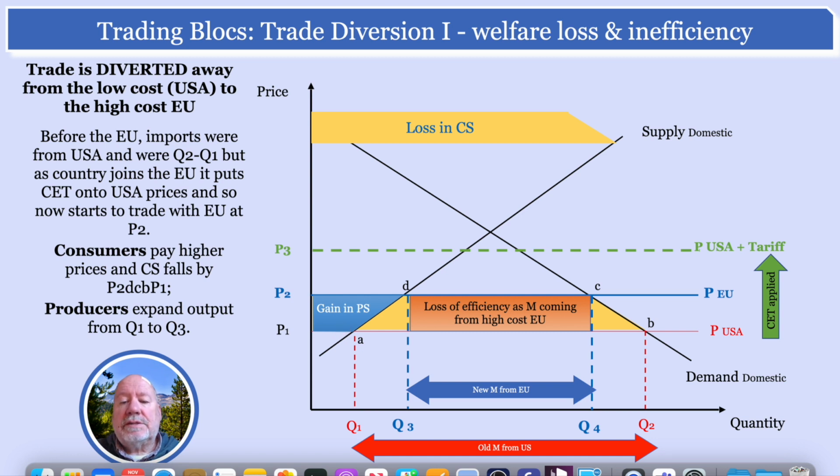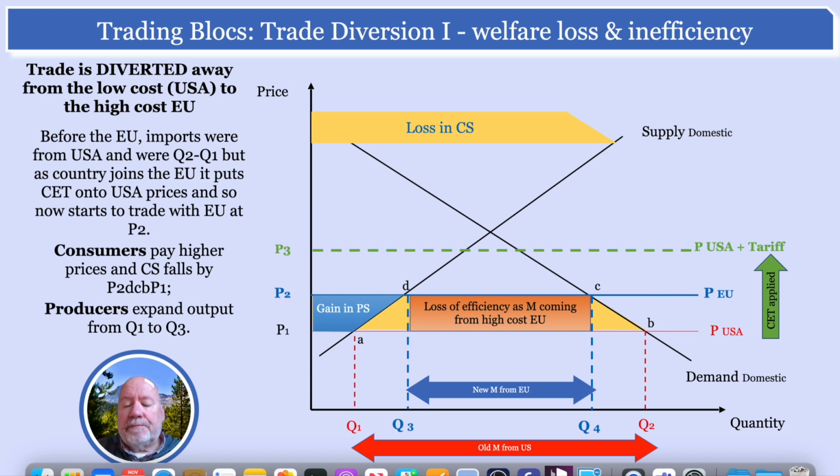But this bit here is a loss of efficiency because in the market we are now importing from the EU, whereas before we could have been importing from the USA without this tariff on. So we are importing from the highest cost country and not the USA, the lowest cost country. So this is an inefficiency.